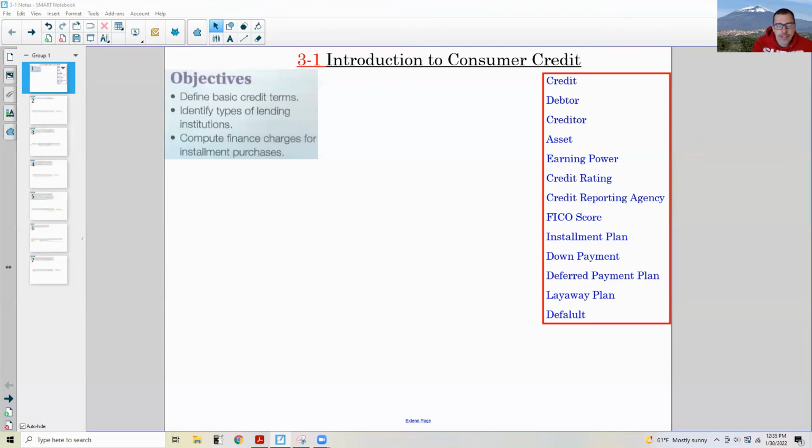Credit rating is basically your report card on your credit history. You get graded. If you pay everything off on time, you get a higher credit score. It's actually kind of interesting that the more credit you are offered from different companies, the more opportunities you have to charge.